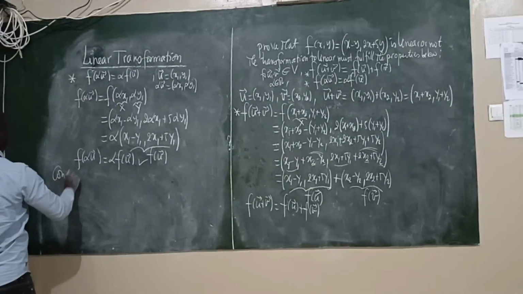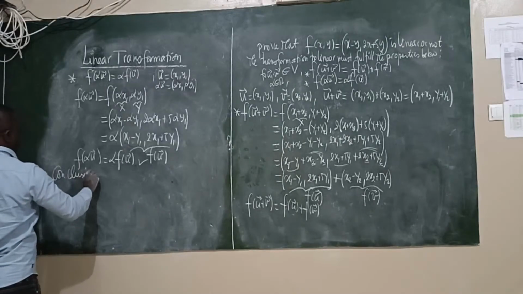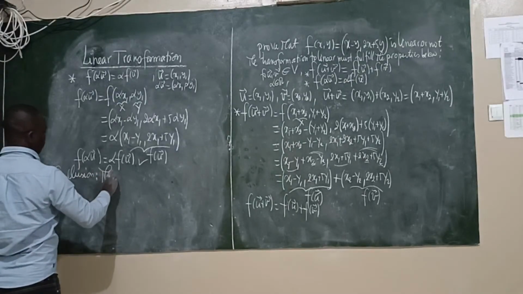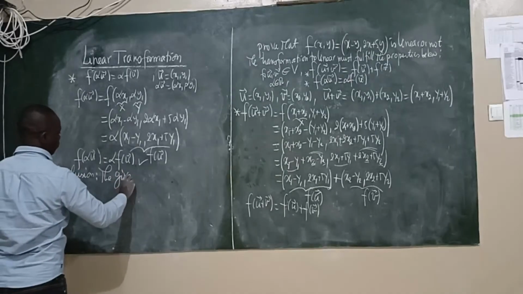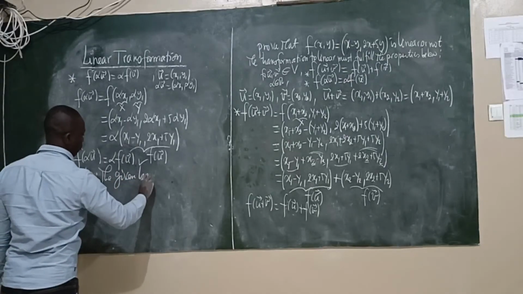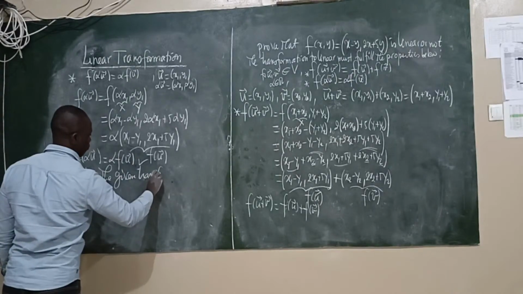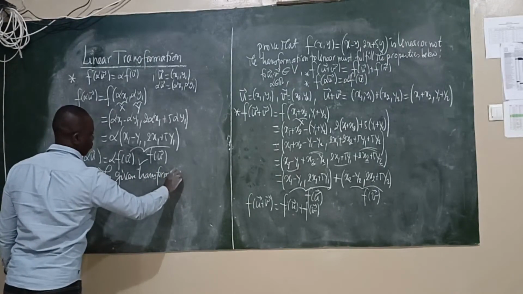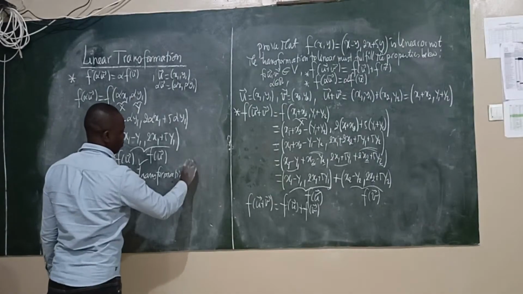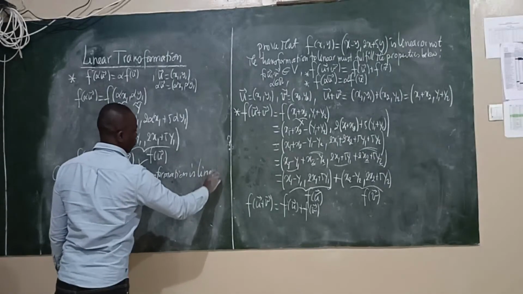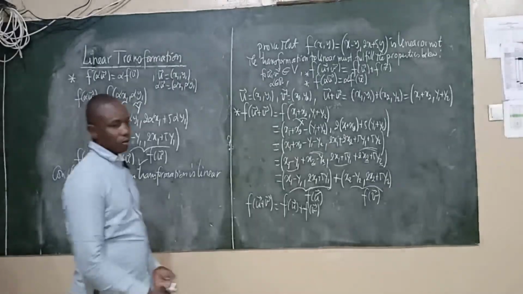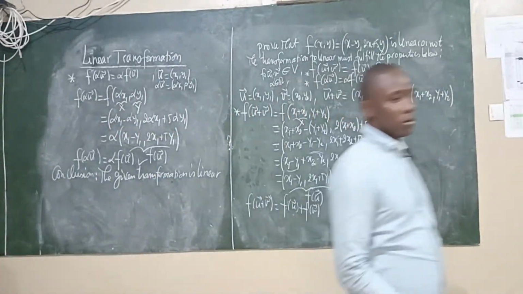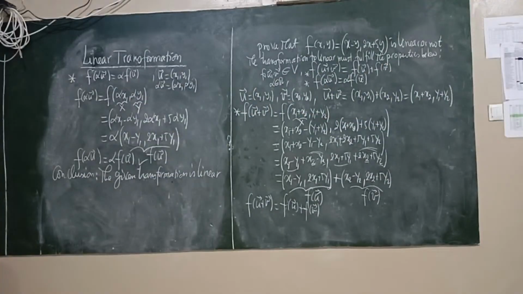Conclusion: it is linear. You can also use property 2 that groups those two properties together.